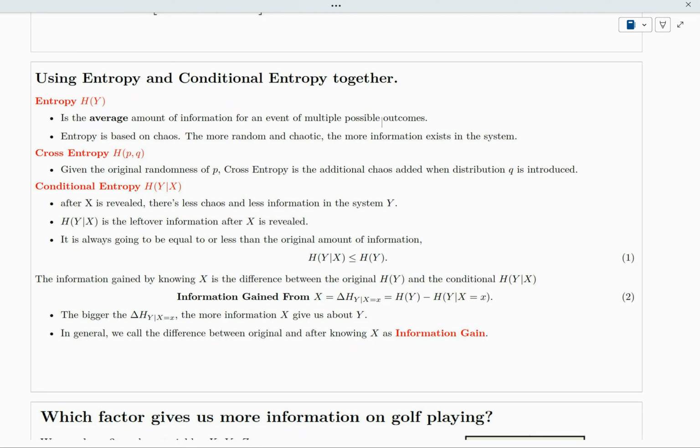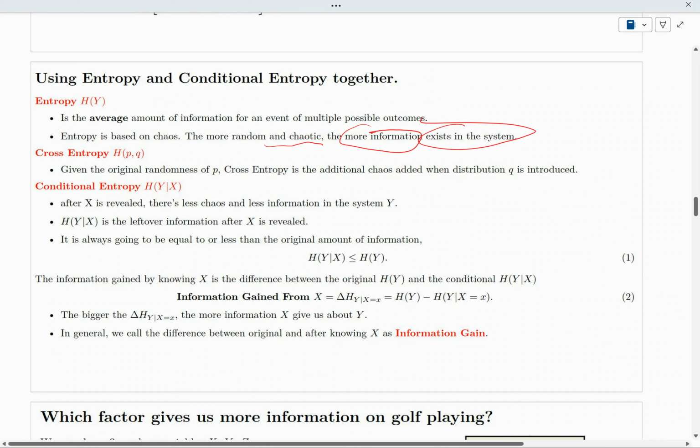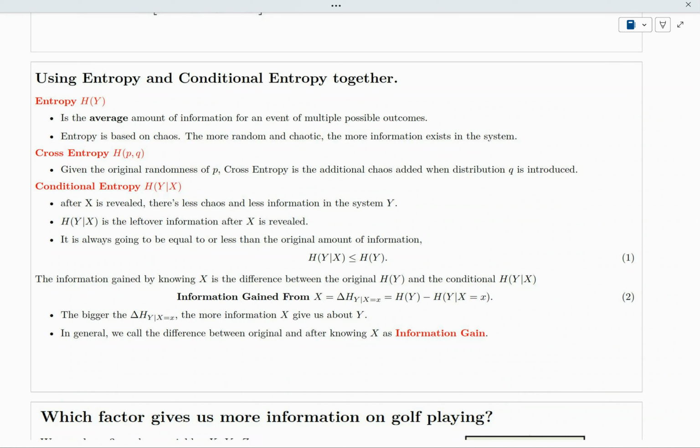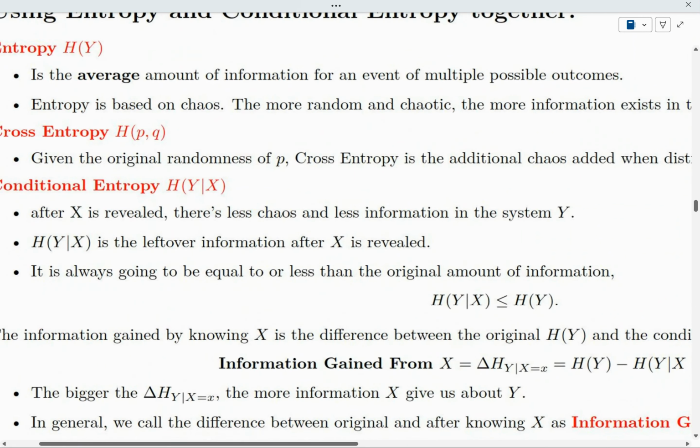The more chaotic the system is, the more information exists in the system. So randomness and chaos is essentially how you measure the average amount of information. Now, cross entropy, if you remember from previously, is given we start with P.